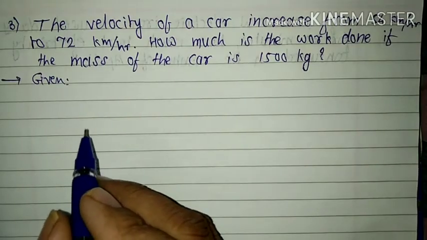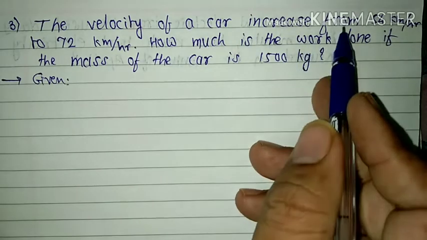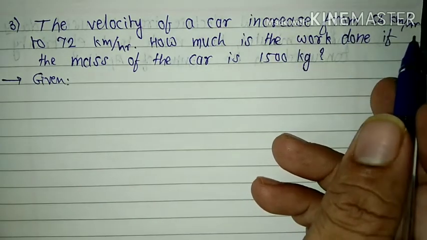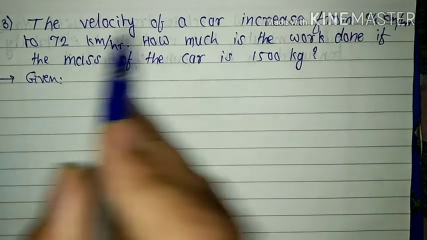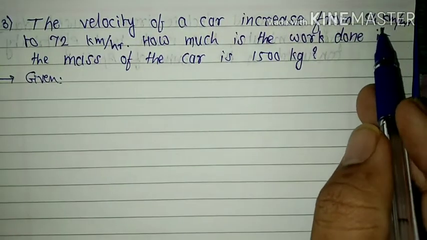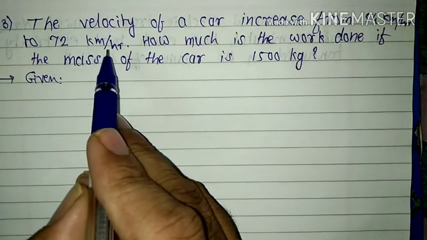Let us see the third sum. The velocity of a car increased from 54 km per hour to 72 km per hour. That means initial velocity was 54 km per hour and final velocity is 72 km per hour.